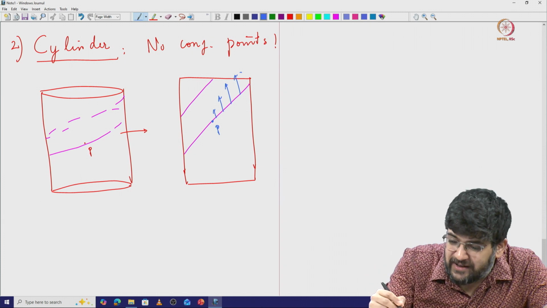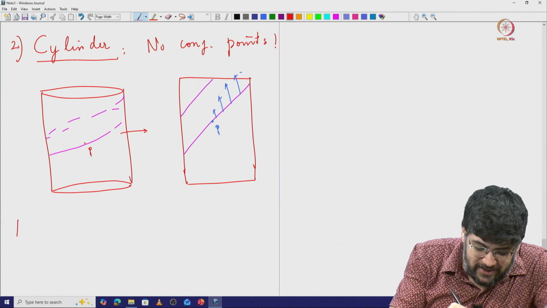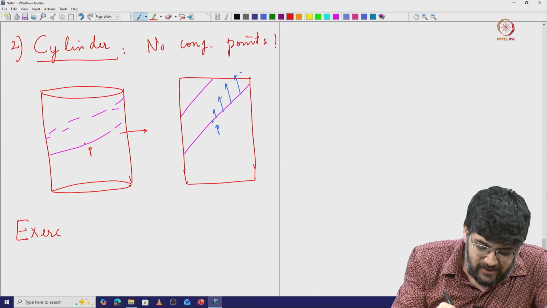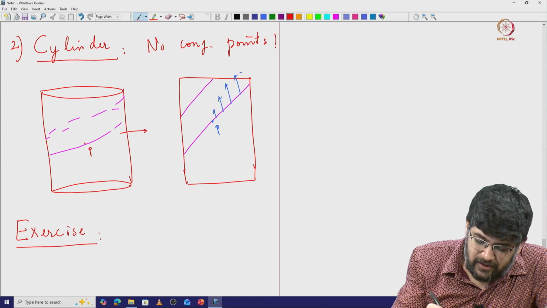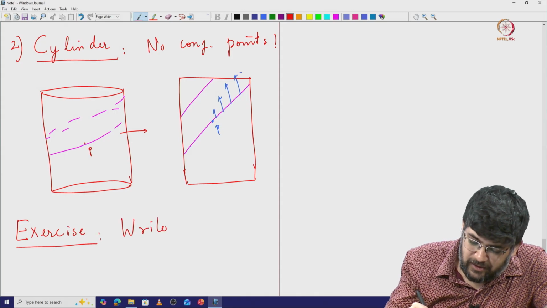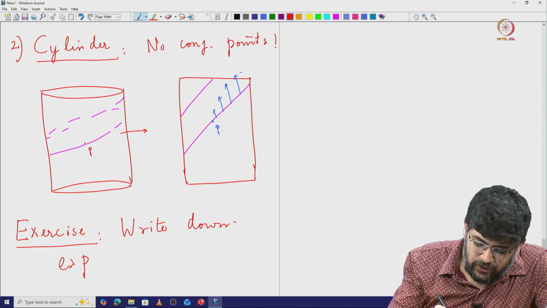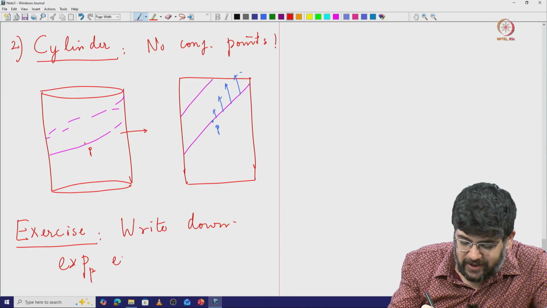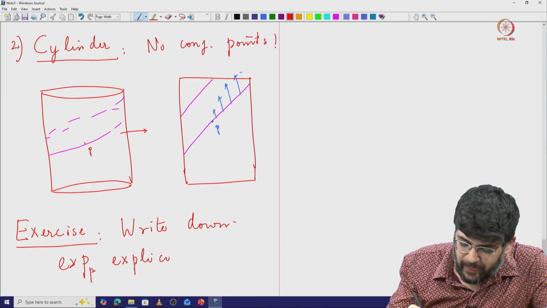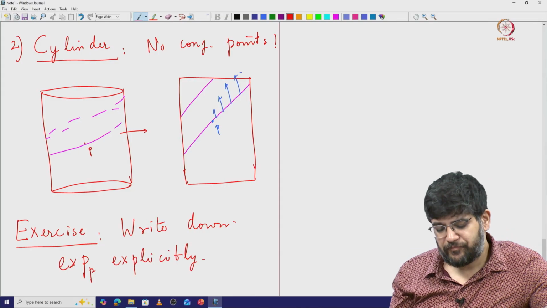In fact in this case, as a nice exercise, write down the exponential map explicitly, okay.